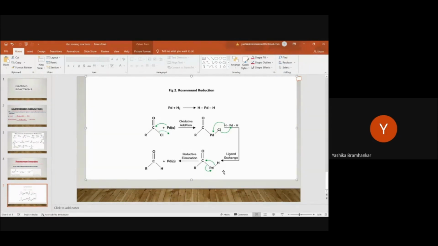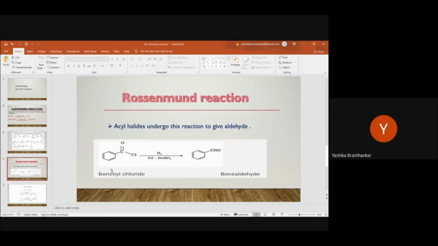H minus will attack the central carbon which has the double bond with oxygen, and H plus will attack the chlorine which is replaced here. This will lead to the separation of palladium and HCl, which will give the aldehyde. Here we got benzaldehyde, and it could be any compound. It is a general mechanism.